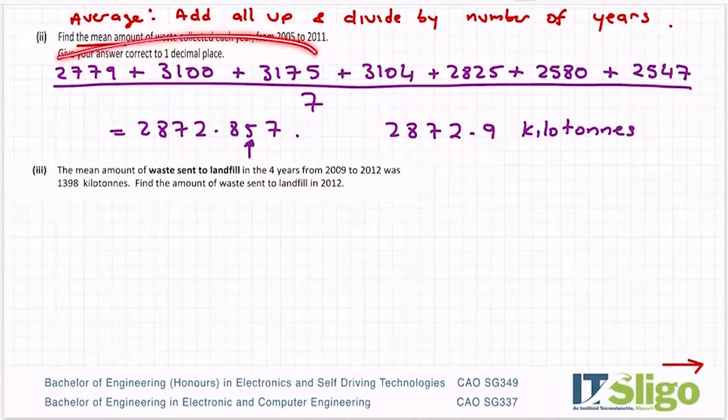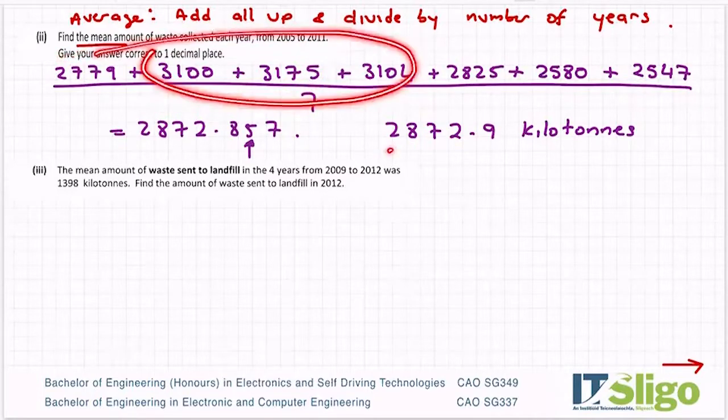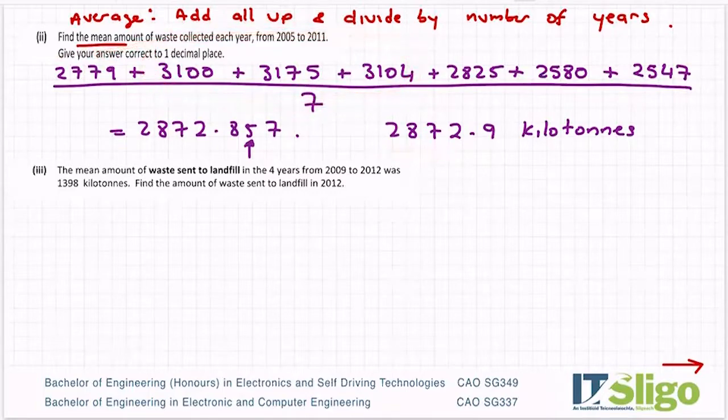If I had a load of numbers up around the 3000s, then I'd expect this number to be closer to 3000. But the numbers are kind of symmetrical. I have a few low ones, a few high ones, so I'm not surprised when I see the number nearly in the middle. So I'm confident that that number is correct.